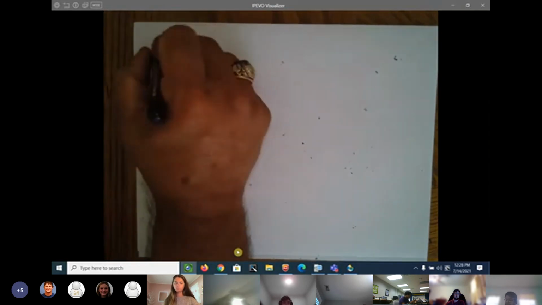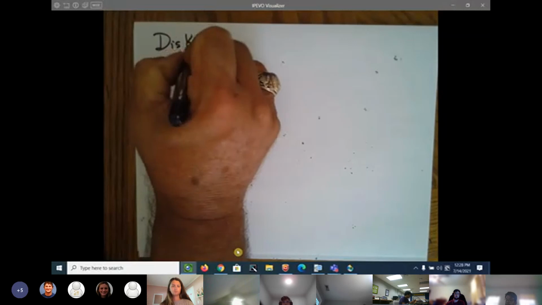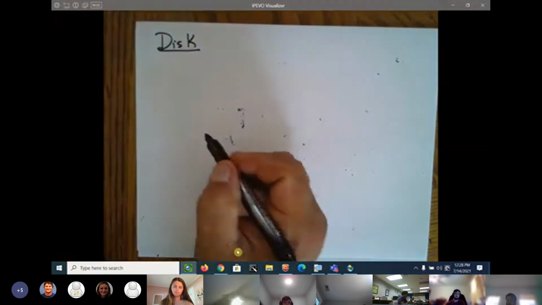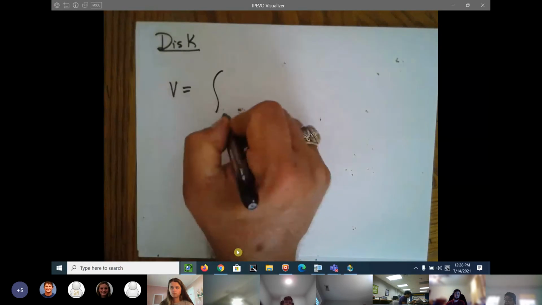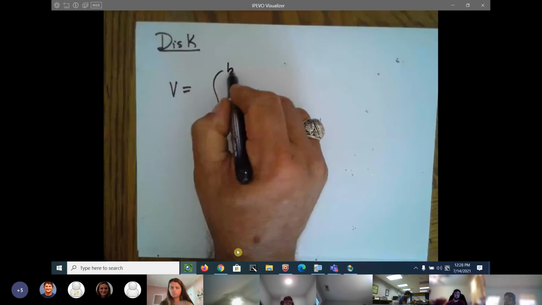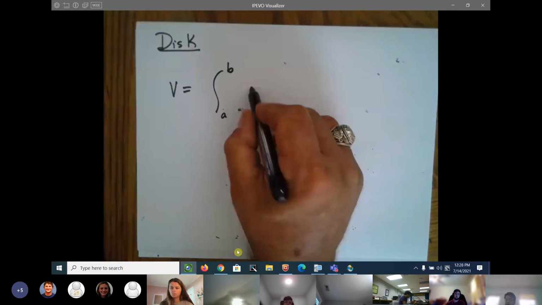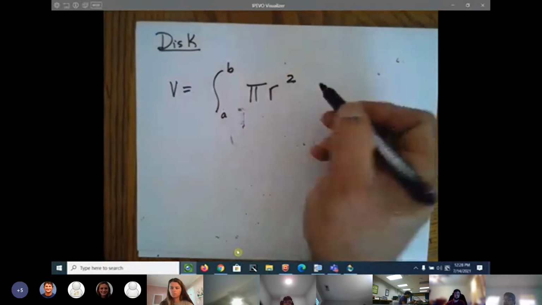For a disk, the antiderivative setup is the antiderivative from A to B of pi r squared dx.